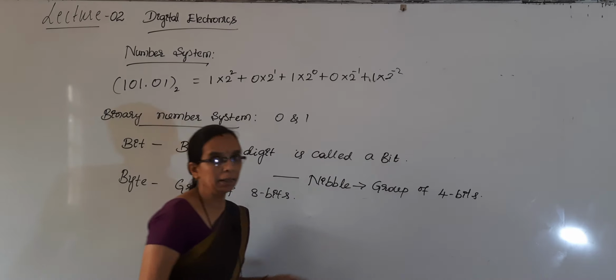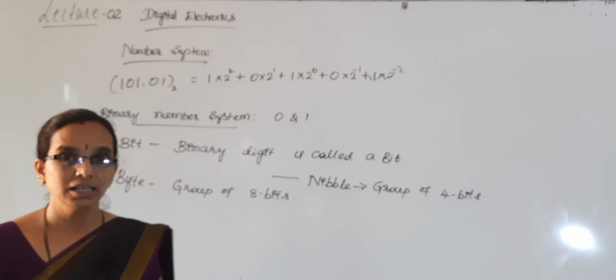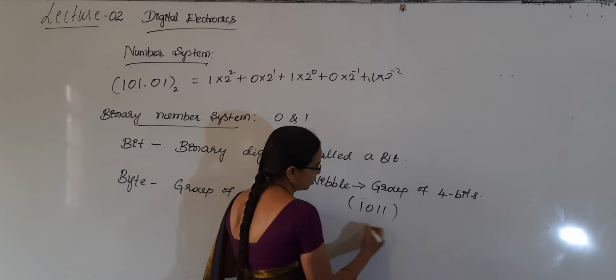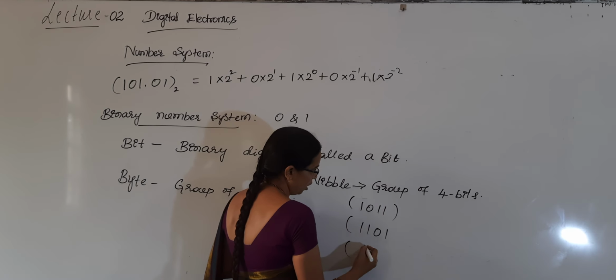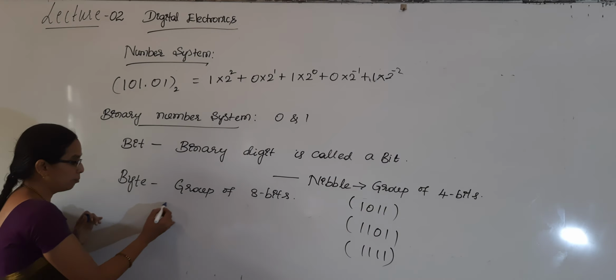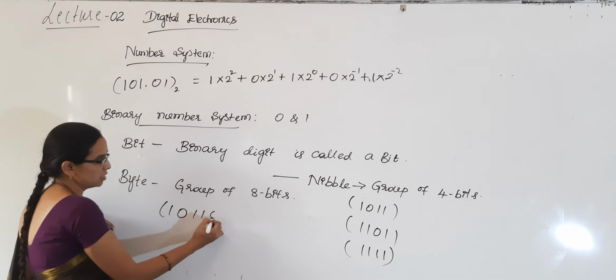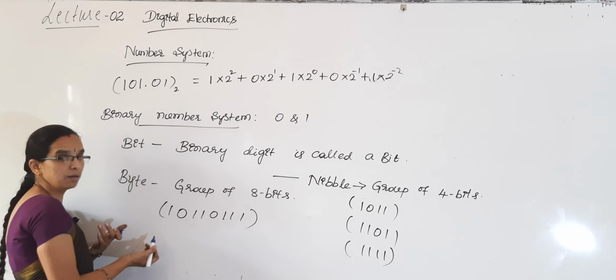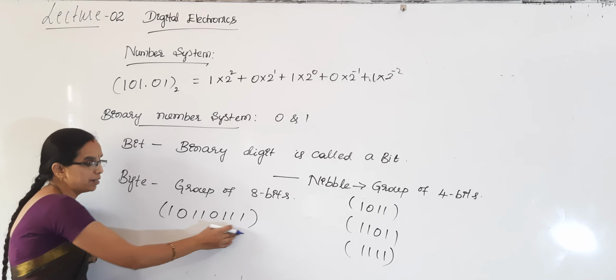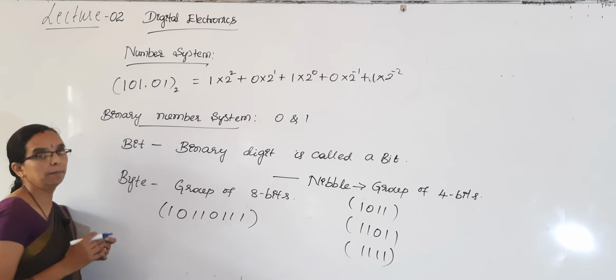Group of 4 bits is called a nibble. That means a nibble will be 1011 or 1101 or 1111, these are all nibbles. One byte in the sense, 10110111, any example you can take, it will be having 8 bits, a group of 8 bits is nothing but a byte.